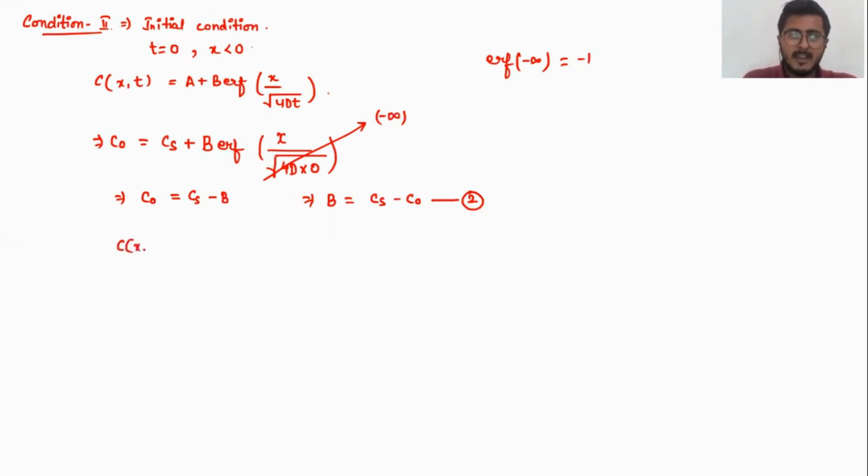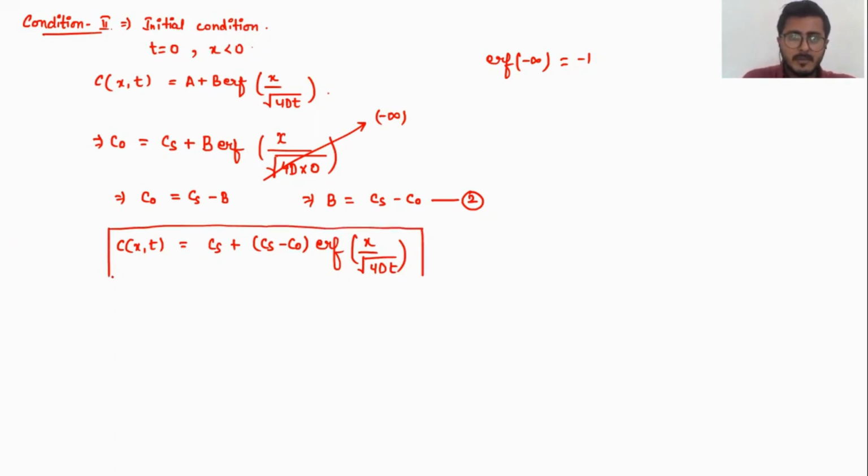So C of x comma T is equal to A plus B. This is the solution for the carburization.